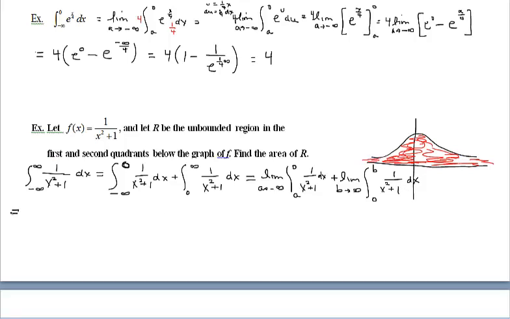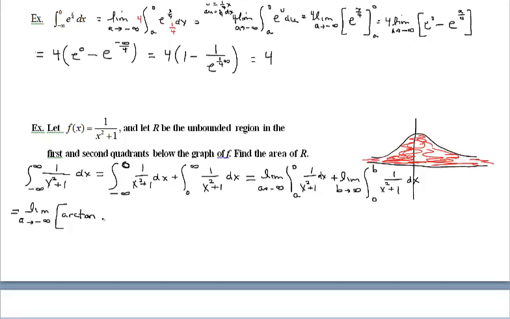Now I'm working on this part of the problem right here. It's just going to require us to go back into our memory. This is actually the arctan integral. This is 1 over 1 plus x squared, just rewritten in a different order. So this is arctan. The limit as a goes to negative infinity. The antiderivative of 1 over x squared plus 1 is arctan, inverse tangent, however you want to see it.